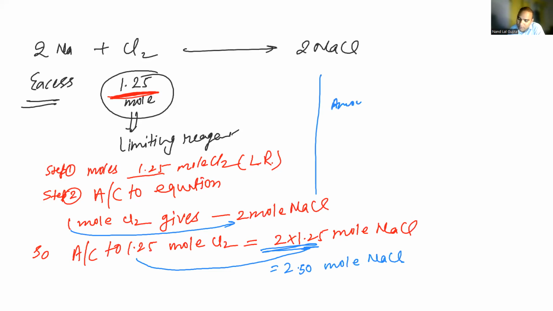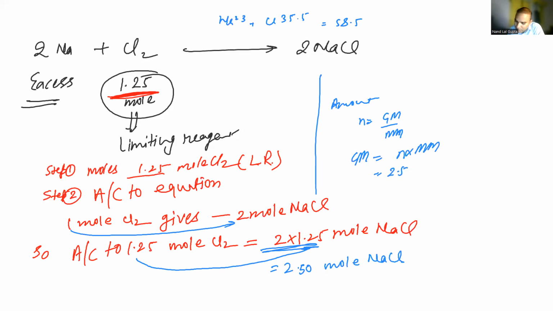Amount means n is equal to given mass upon molar mass. So given mass is n into molar mass. Sodium is 23 and Cl is 35.5, so it comes to 58.5.